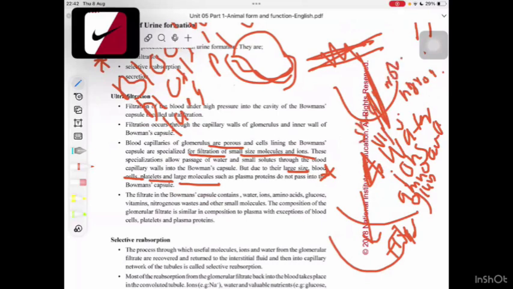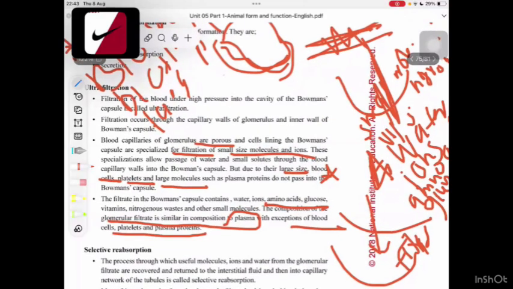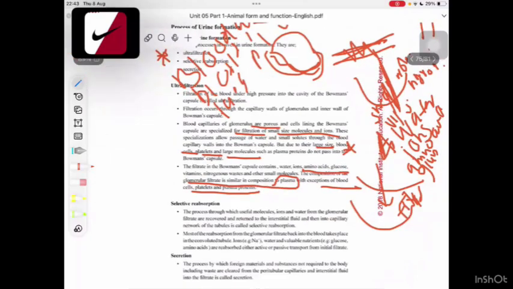Highlight this point: the glomerular filtrate is similar in composition to plasma, with the exception of blood cells, platelets, and plasma proteins. So it is similar to plasma but without blood cells, platelets, and plasma proteins. Hope you understood the ultrafiltration process.